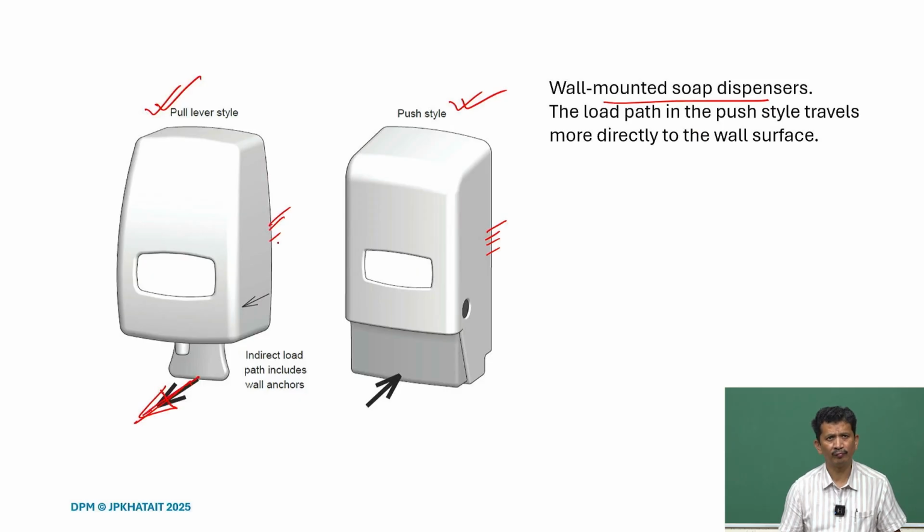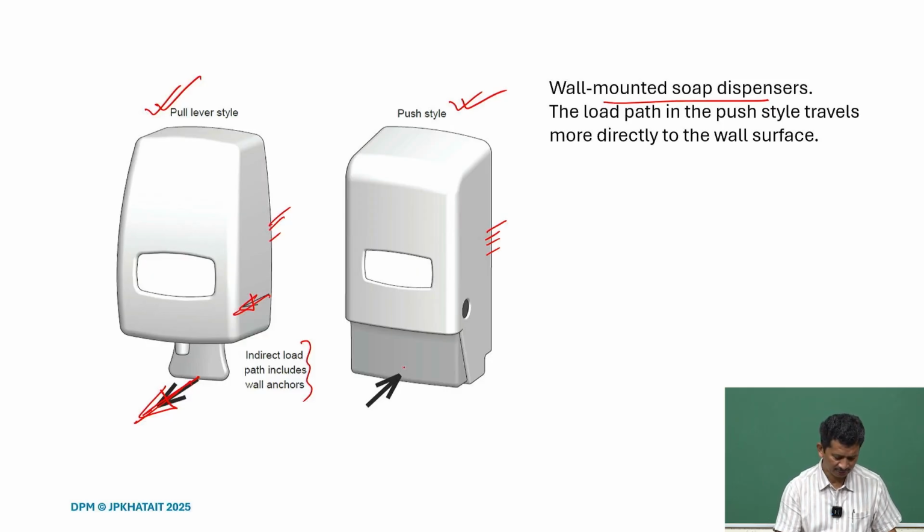The box may be anchored through some screws or bolts. So, the indirect load path includes wall anchors, right? It's anchored to the wall, and all the time you are just pulling it. Suppose sometimes it's not dispensing anything, it's empty, and somebody gets angry and pulls it with a very large force, and okay, everything will be on the floor.